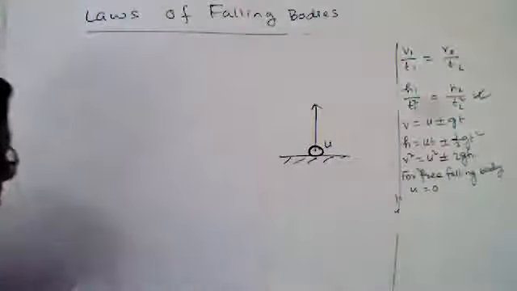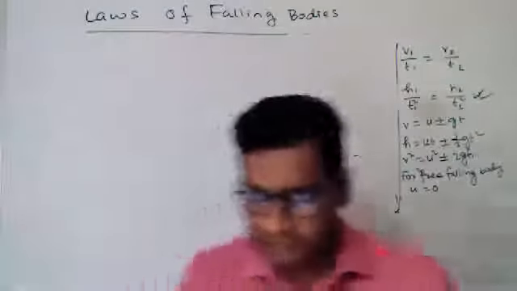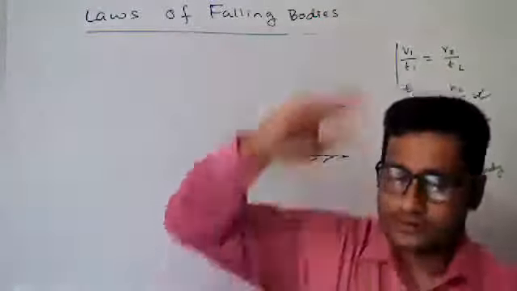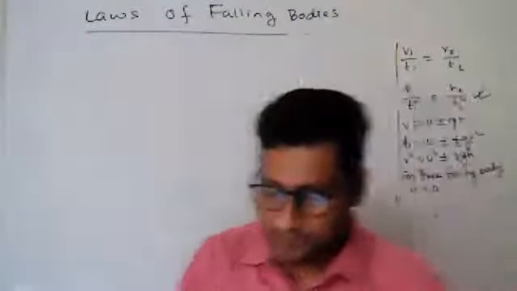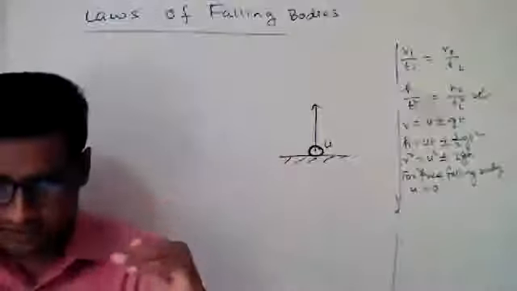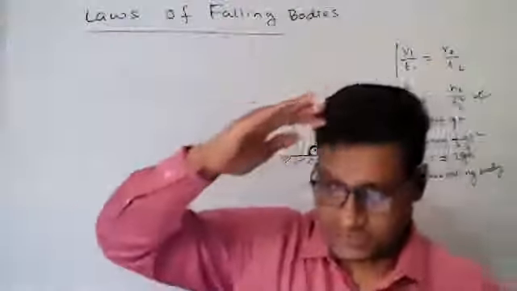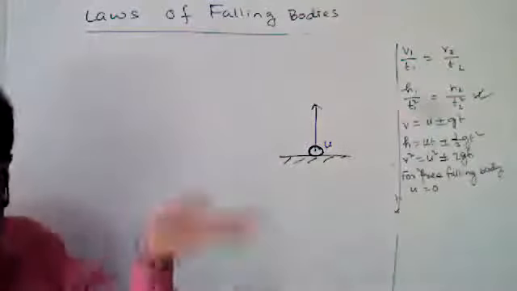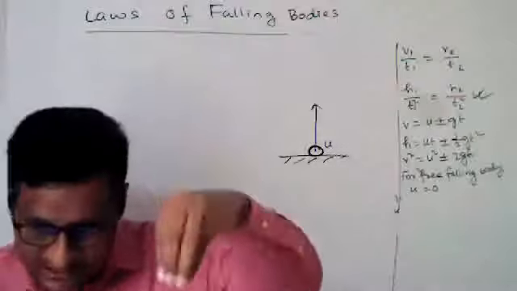Now, suppose you throw an object in the upward direction. The velocity decreases, and when the velocity is 0, then the object just falls.